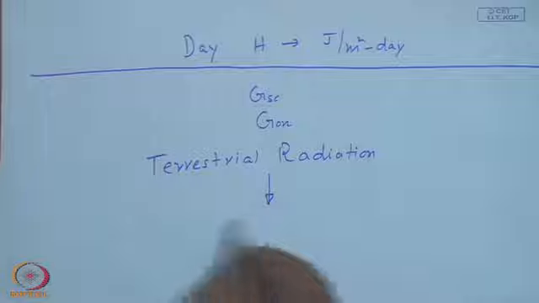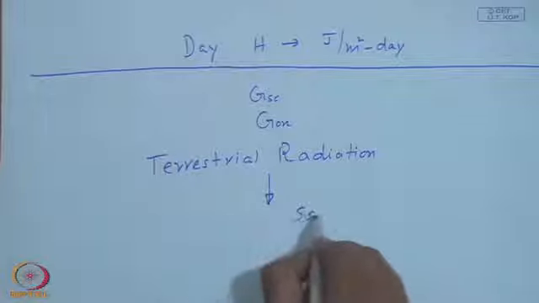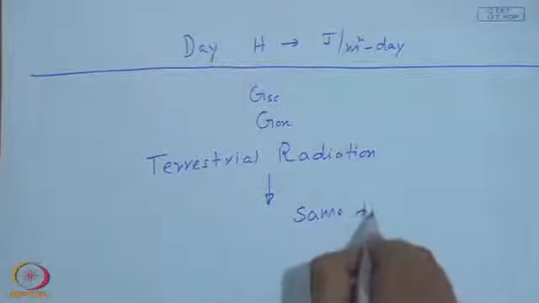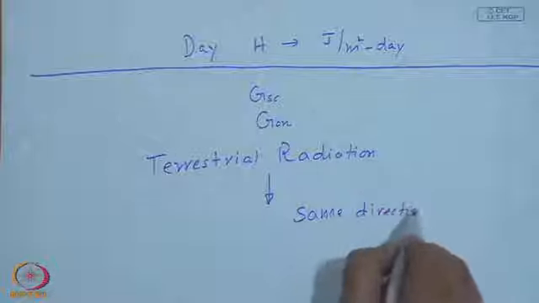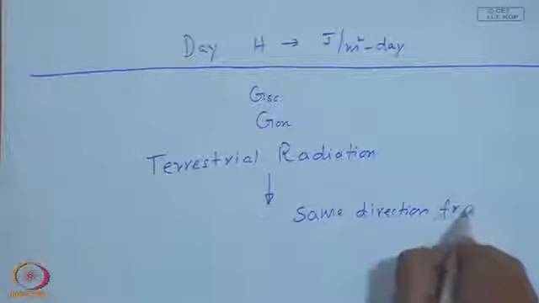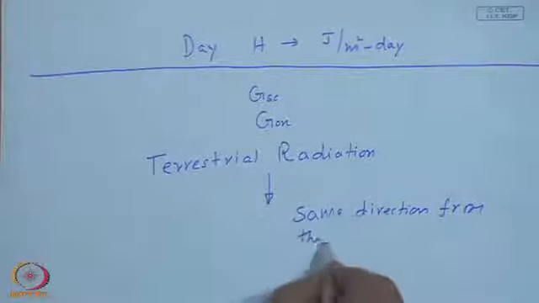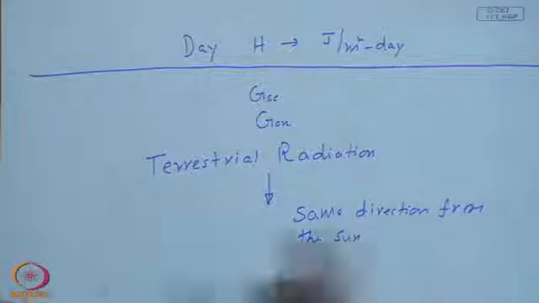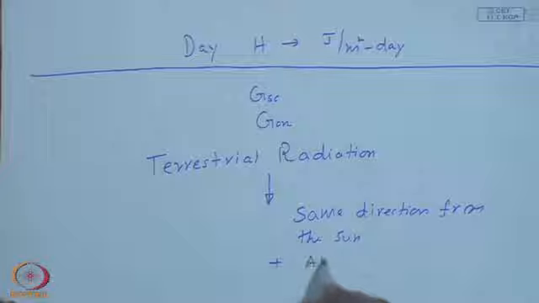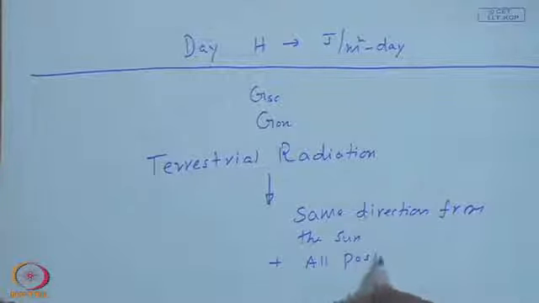There will be forward scattering, there will be reflection, there will be in scattering and out scattering. So, terrestrial radiation will come in the same direction from the sun. If there is a radial line, it will come as a radial line plus all possible directions. This is the scattered part of it.